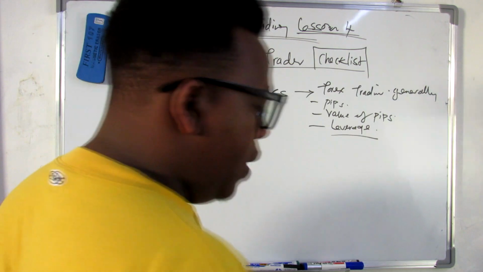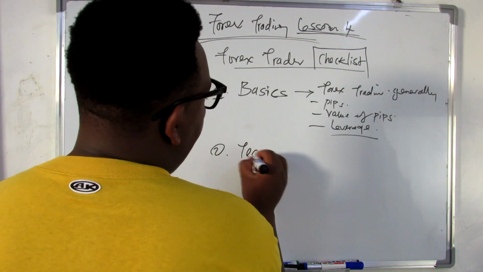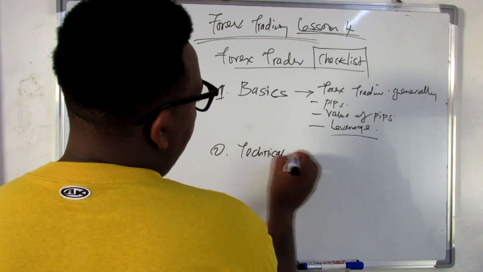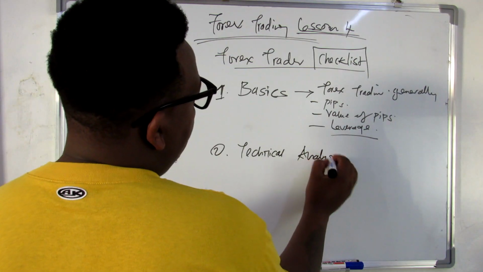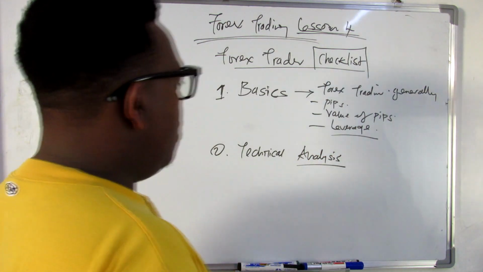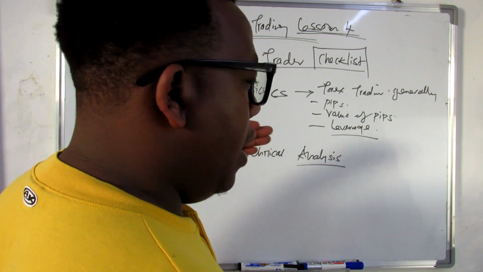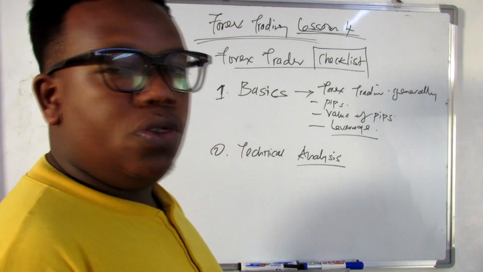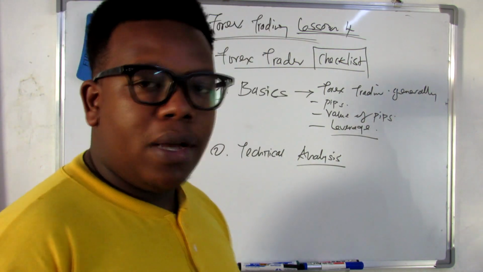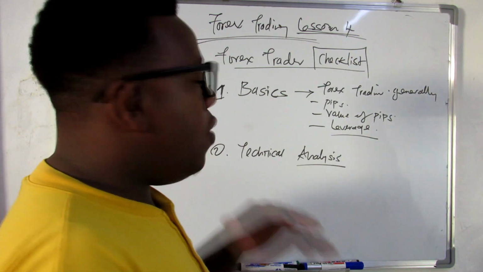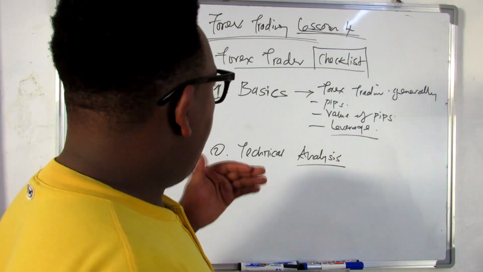Under number 2, we have what we call technical analysis. Under technical analysis, there are new concepts that we'll be looking into, and they're very, very important to increase your probability of making money, as well as to lower your risk when it comes to trading.